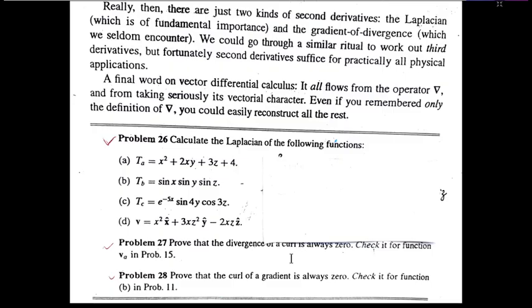So let's go to the next and last slide, and here some examples are given. I wish that you try it out by yourself, problem number 26, problem number 27 and problem number 28. Otherwise I will do the executions on a piece of paper, and I will definitely put it up following this lecture.